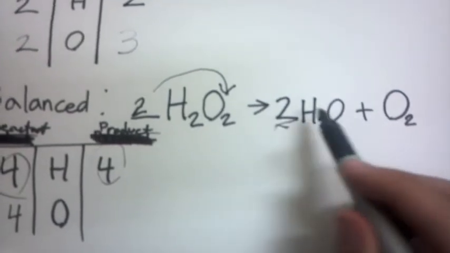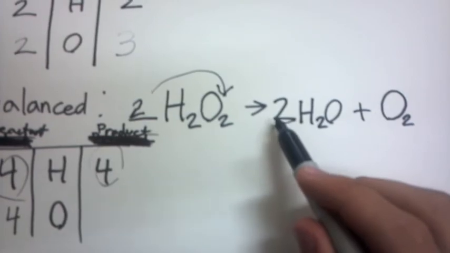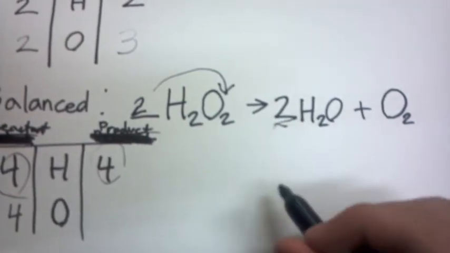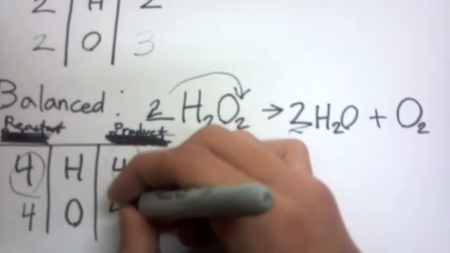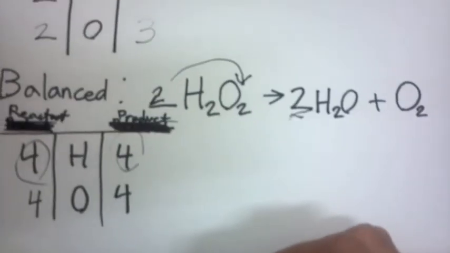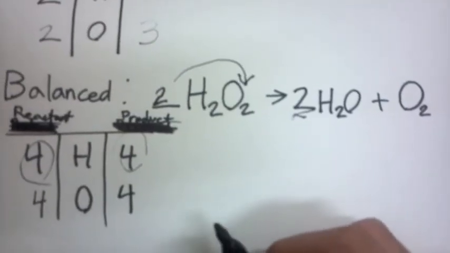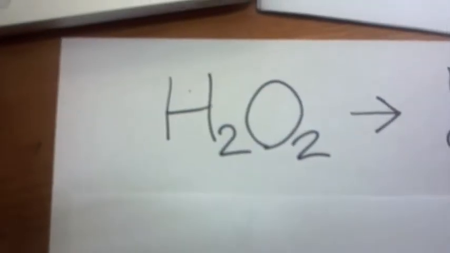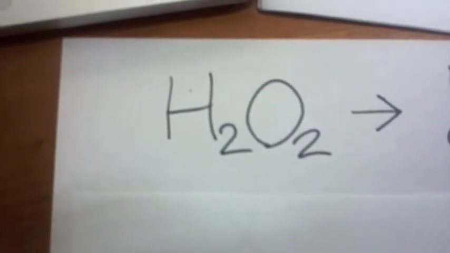So, see what I did there? Basically, it's all 4. That means the equation is now balanced, and everything matches up.